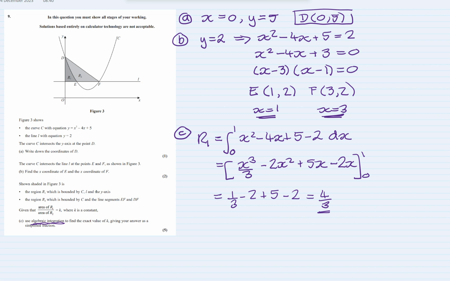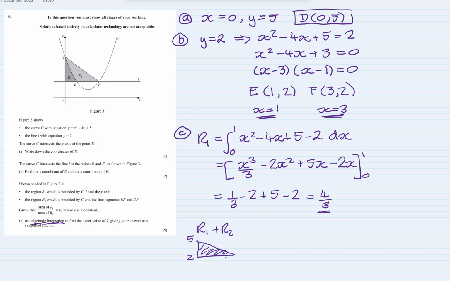So let's now look at what the area of R1 plus R2 is. So if we think about what R1 plus R2, what we've got there is just a triangle. So my R1 plus R2 is a triangle that looks like this. And we know that it crosses the axes here at 5. We know that this point here is 2.